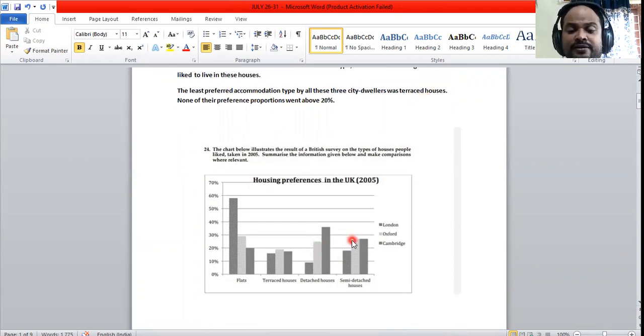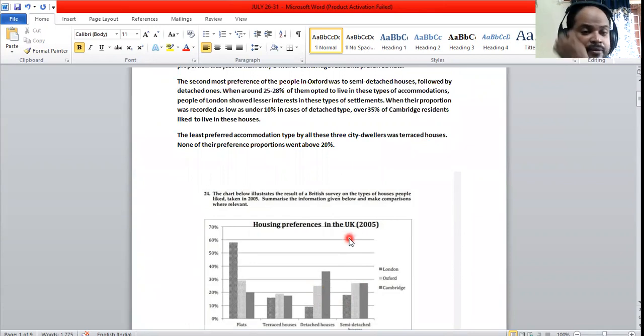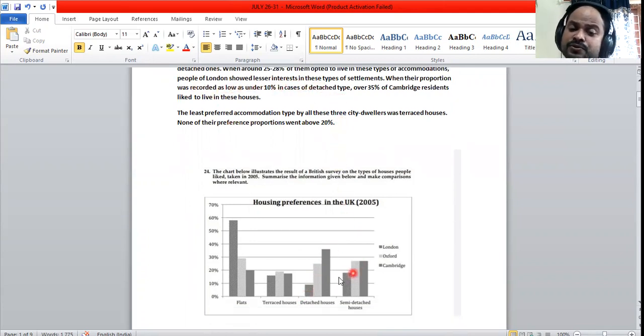People in London showed lesser preference for these two types of settlements, with their proportion as low as under 10% for detached houses.